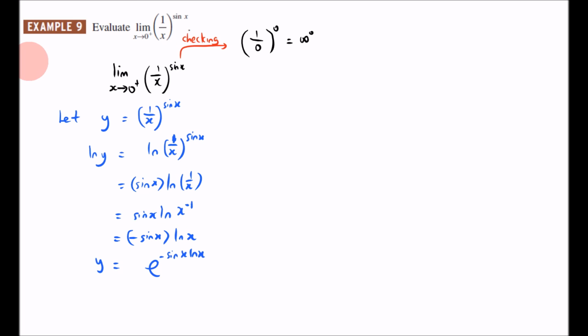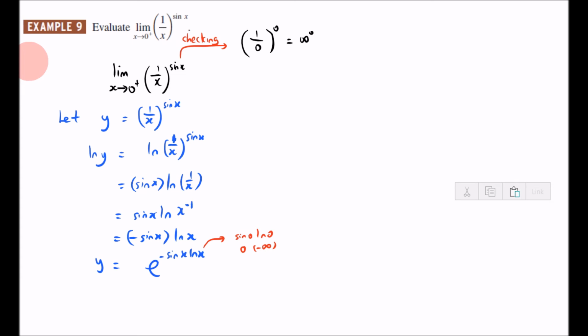If you want a shortcut, you don't need to think about putting in the limit. You just sub x equals 0 into sine 0 times ln 0. So this gives 0 times negative infinity, so we are done. You just need to focus on minus sine x ln x. So how to do it? We have to simplify.